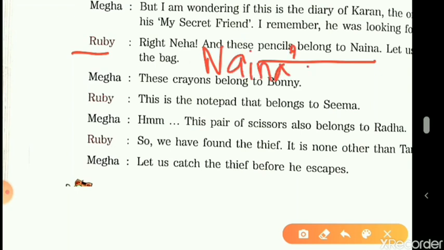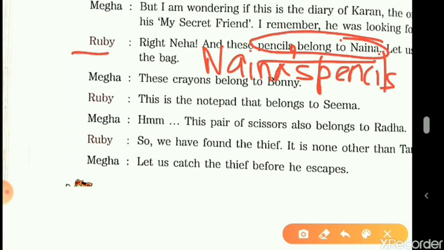Nana, apostrophe S, and then pencils. Same sentence. Ruby will say, right Neha, and these are Nana's pencils. Full stop. Let us look into the bag.